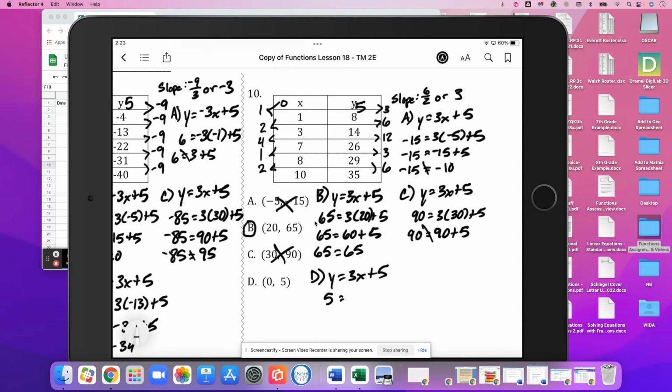So 5 is equal to 3 times 0 plus 5. And the answer is going to be yes. 0 plus 5 is 5. So D does satisfy the equation. Okay, I'll pause for a moment for notes and move on to number 11.